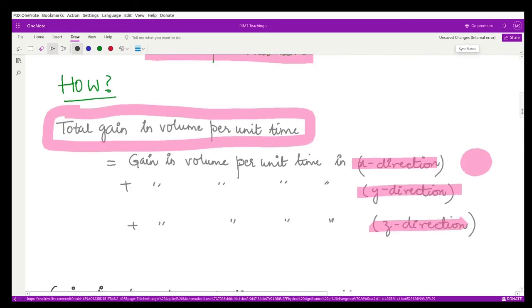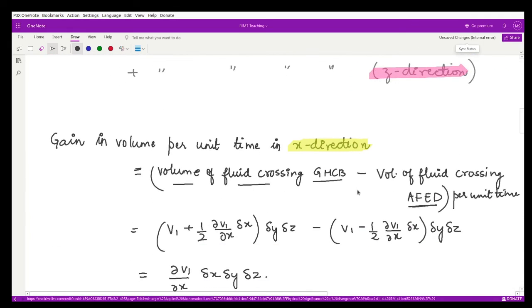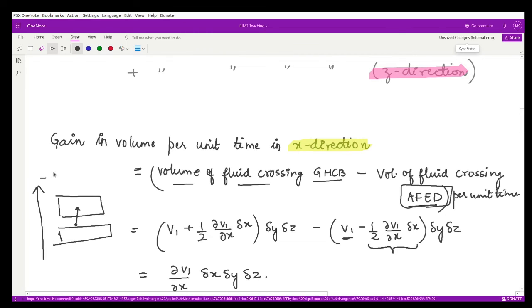So for the face that is behind the point P, its value would be V1 minus the gradient of V1 in the x direction, with a negative sign because we are moving in the negative x direction. We have this point P, one plane behind it and one plane in front of it. This is the negative x-axis and this is the positive x-axis.